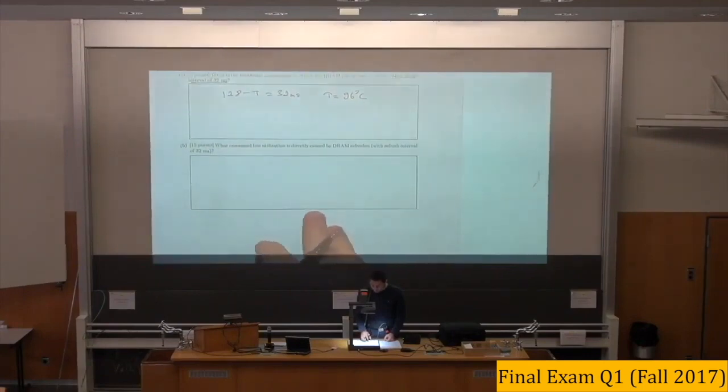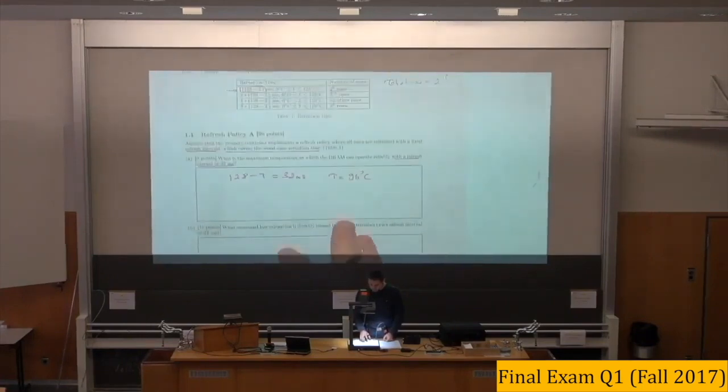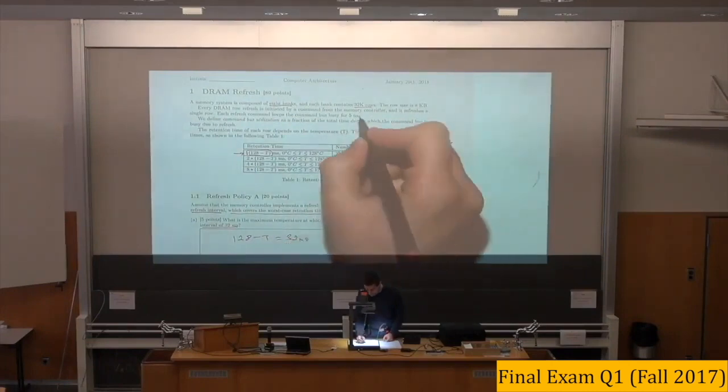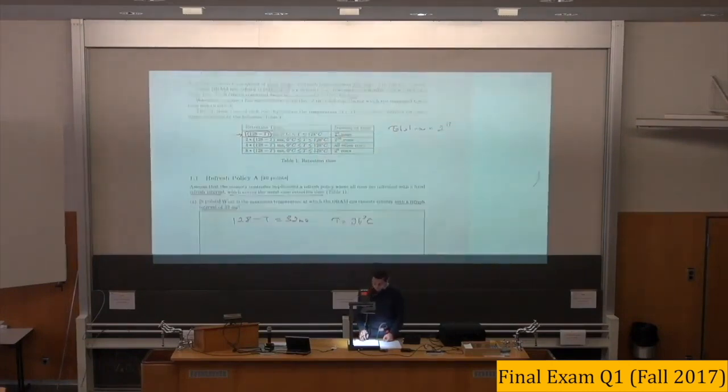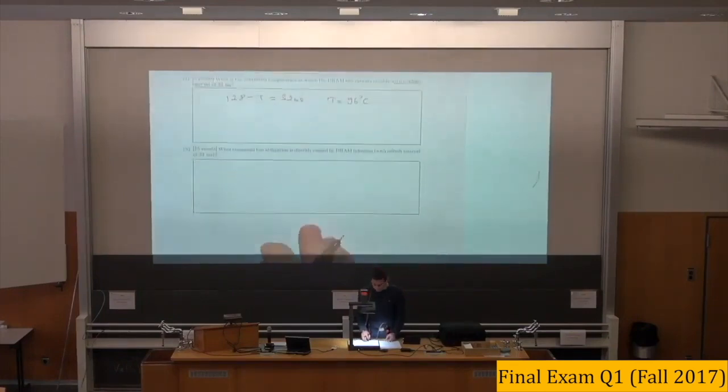It also asks what the command bus utilization is that is directly caused by DRAM refreshes. The command bus is defined as follows. The memory controller sends the refresh command, and the bus is kept busy for a certain time interval, which is 5 nanoseconds. So the command bus utilization is basically the total time that the command bus is kept busy within a refresh time interval.